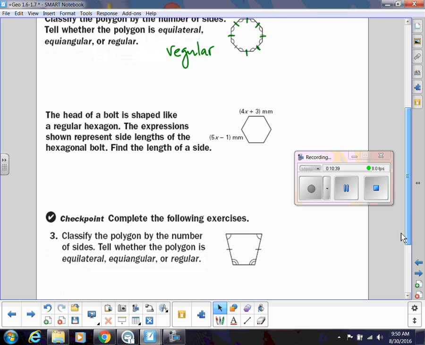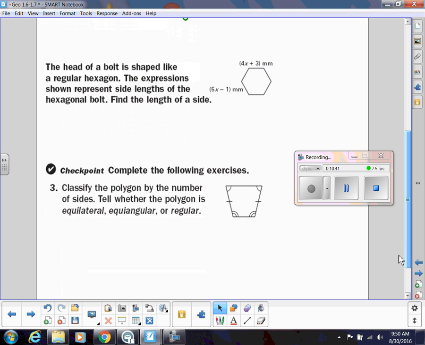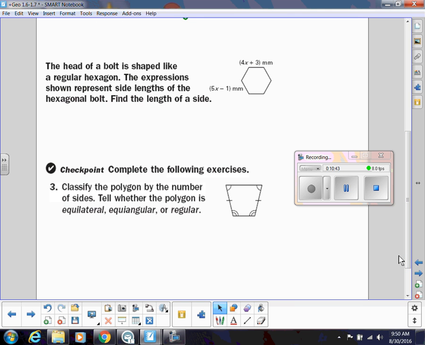All right, and then this one, the head of a bolt is shaped like a regular hexagon. That's what I was just talking about. The expressions show the side length. So we're just going to find the length of a hexagon. Now it says it's regular, that would mean that all the sides are the same. So we know that 4x plus 3 would have to be equal to 5x minus 1.